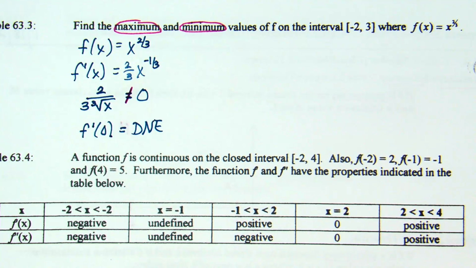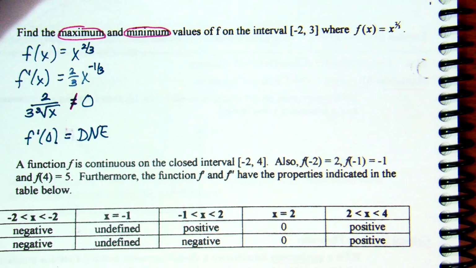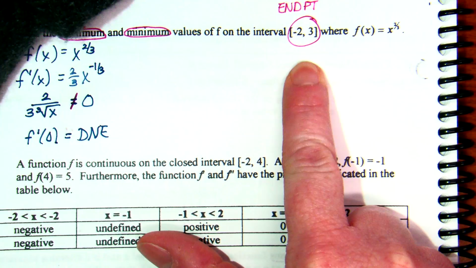This is where f prime does not exist. The derivative does not exist when the denominator is 0. So, what are the values I have to try here? -2, 3, and 0. Okay, so we're going to have to find f of 0, f of -2, and f of 3.